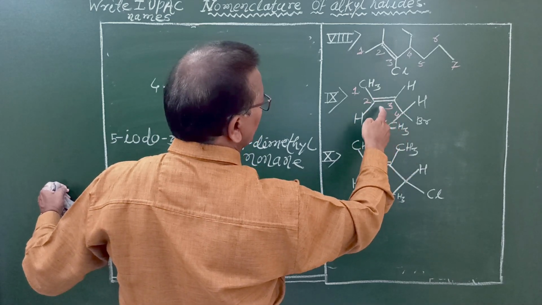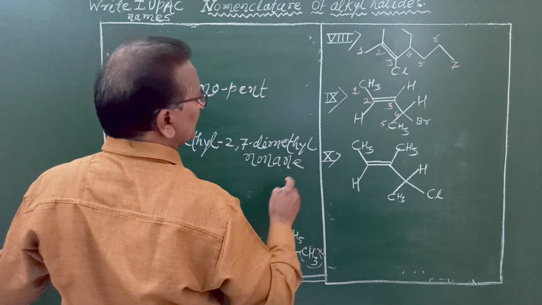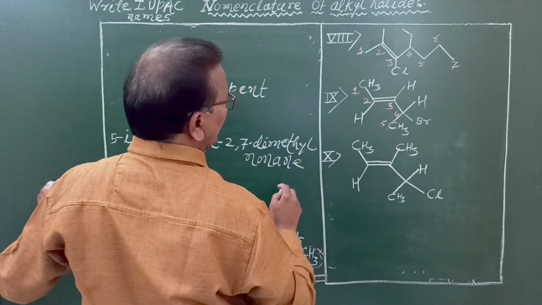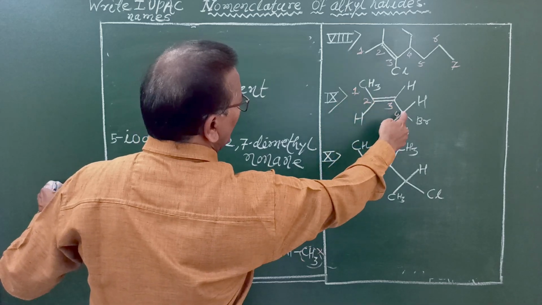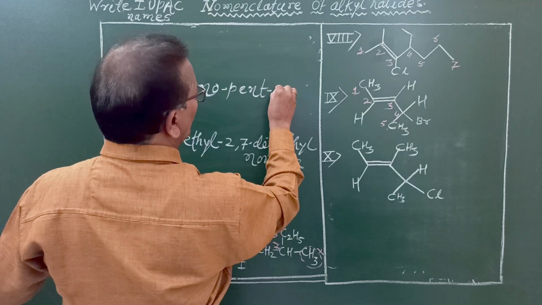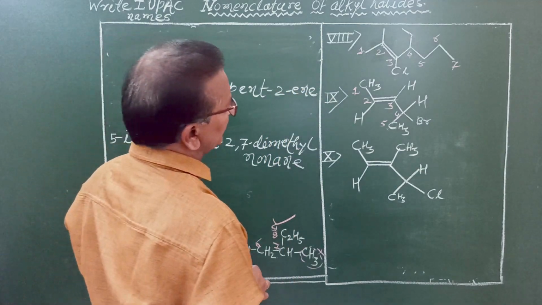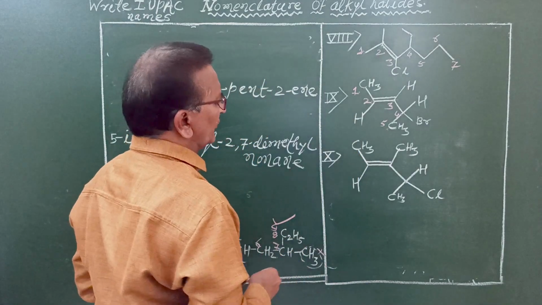Then pent, P-E-N-T. There is no methyl group in branch. 1, 2, 3, 4 and 5. 4-bromopent-2-ene. This is the IUPAC name of compound number 9.